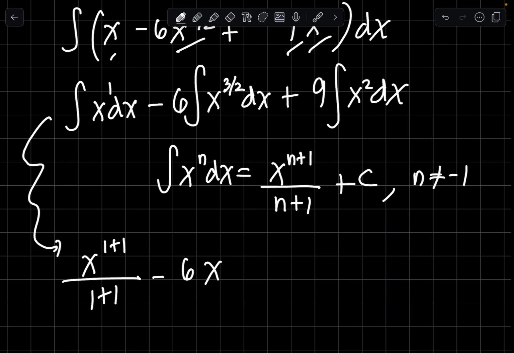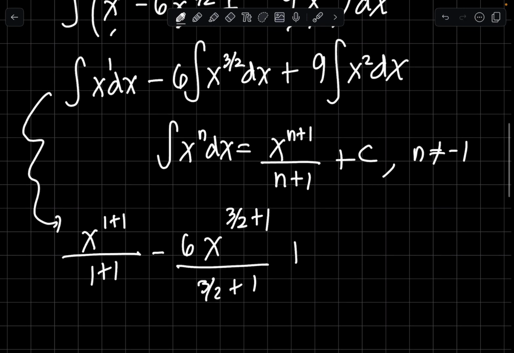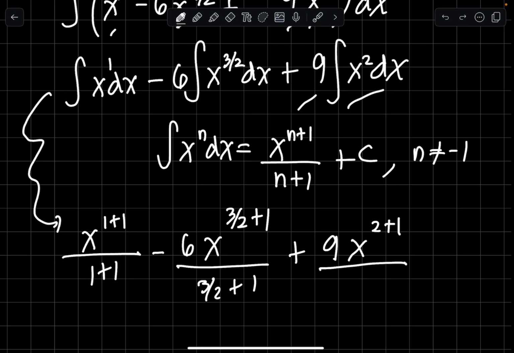So copy base x, again add 1 to the exponent, 3/2 over the same exponent, 3/2 plus 1, then plus 9 times the integral of x squared. So we have x raised to 2 plus 1 over the same exponent, 2 plus 1.